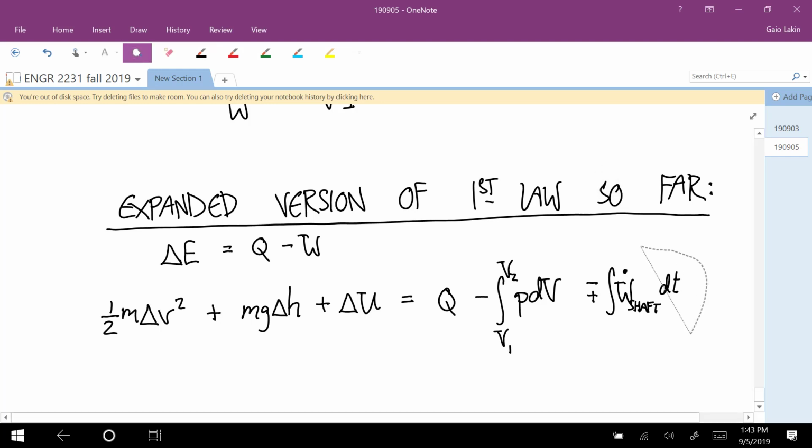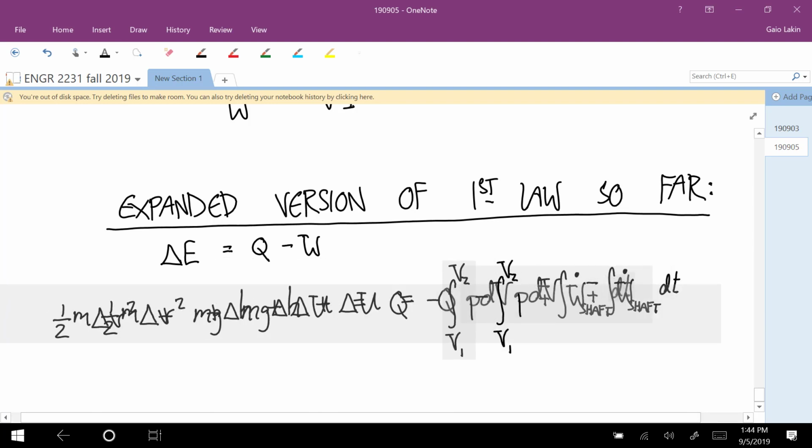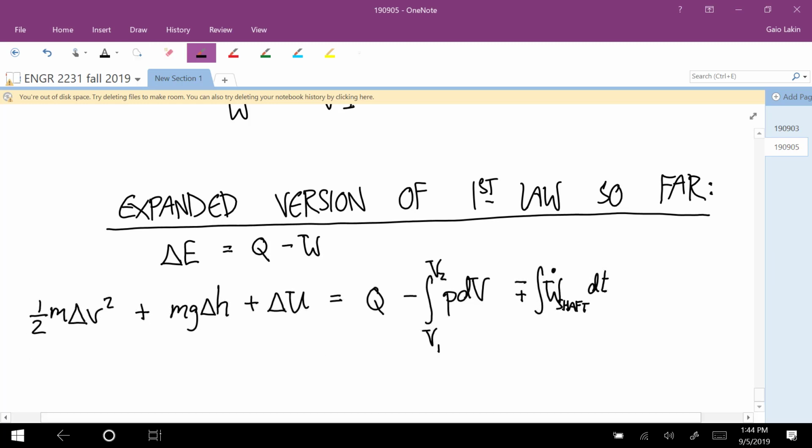Running out of room. Minus plus the integral of W dot electric dt. And I did those as minus over plus because we're subtracting all the works. So if W due to electric power comes out positive, you need to subtract it there.